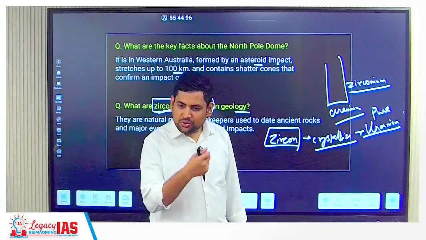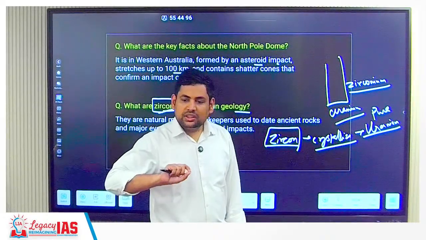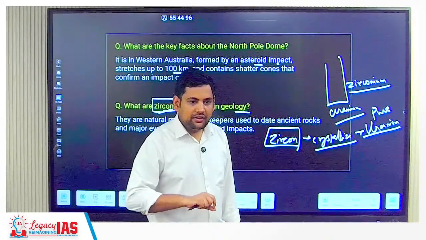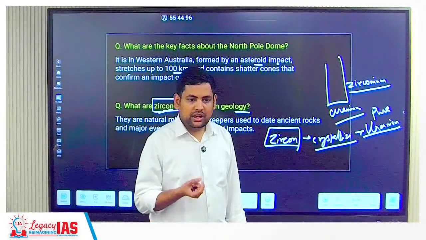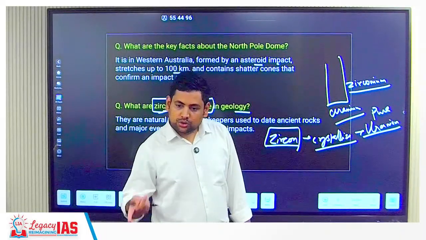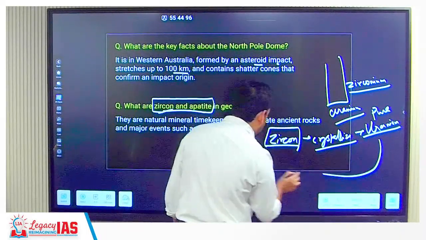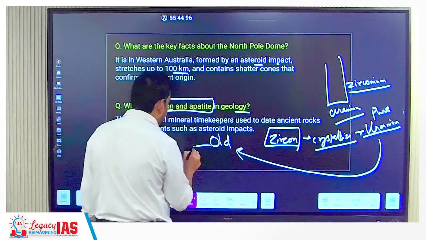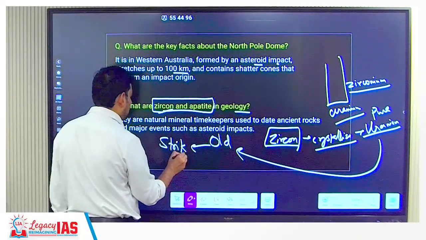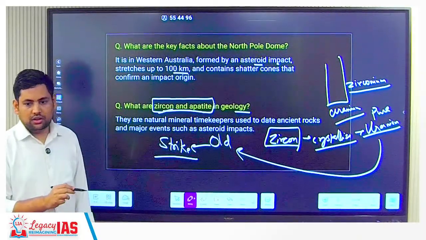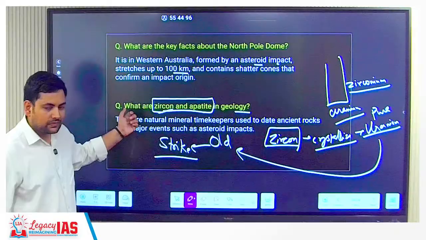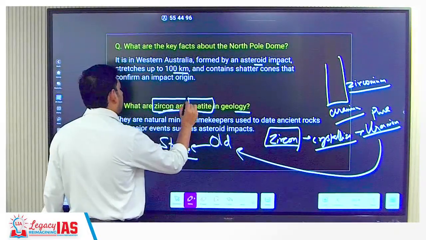Because uranium goes through radioactivity, we know that every few years it loses this much, every few years this much is converted. Through that we backtrack how old that strike might have been. Understood? Now the other part is apatite.